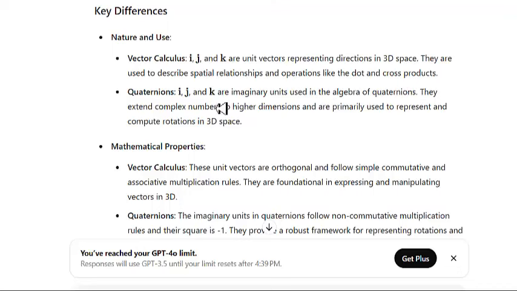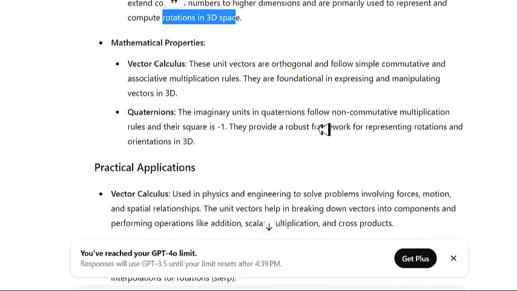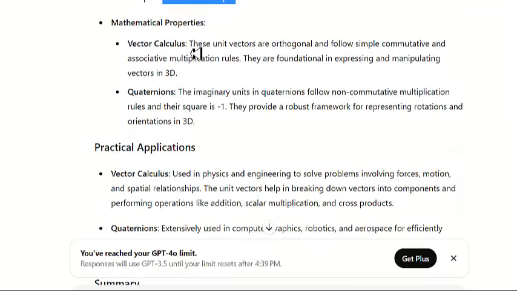They extend complex numbers to higher dimensions and are primarily used to represent rotations in 3D space. In vector calculus, the units are orthogonal and follow simple commutative and associative multiplication rules, and are foundational in expressing and manipulating vectors in 3D.